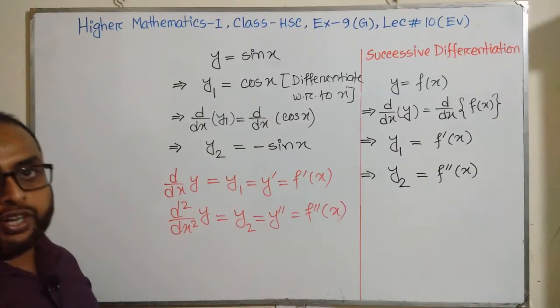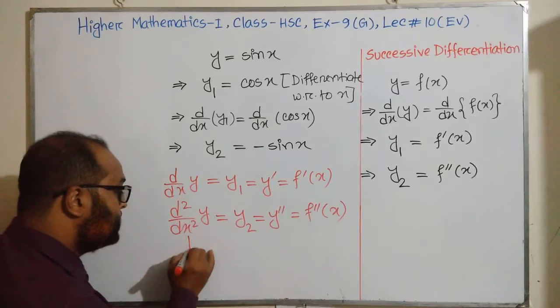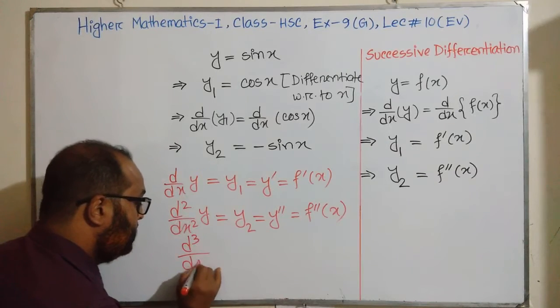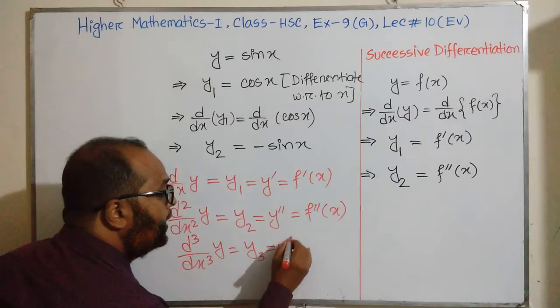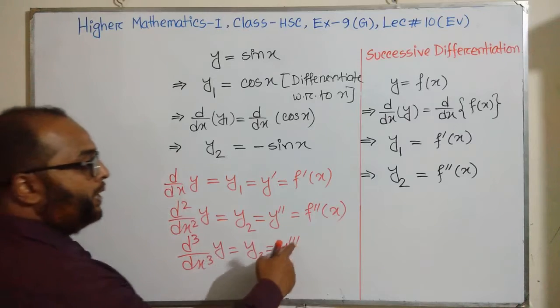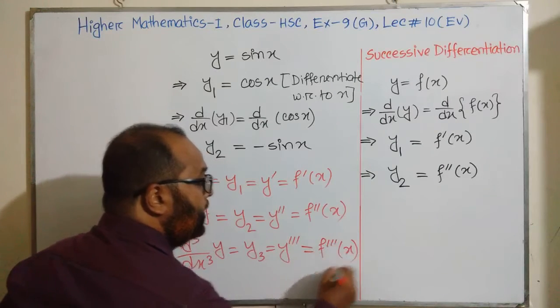Similarly, if we differentiate y three times, this can be written as y3, or y triple prime, or f triple prime x.